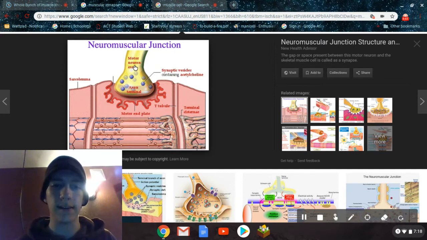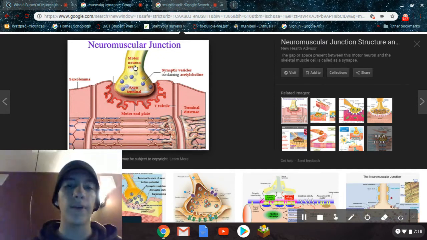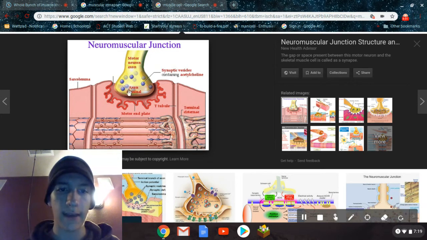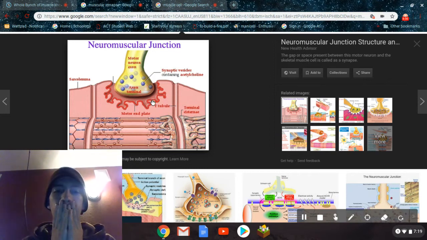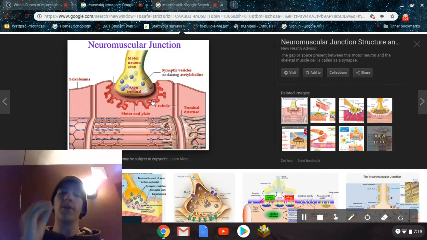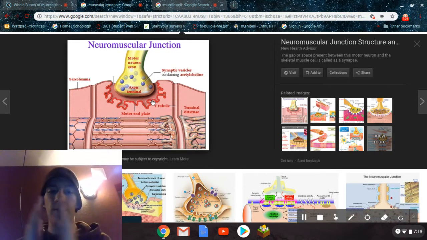Right here is a depiction of the join between a neuron, a nerve, and a muscle. So the way a synapse works is, neurotransmitters are nerve message carriers.